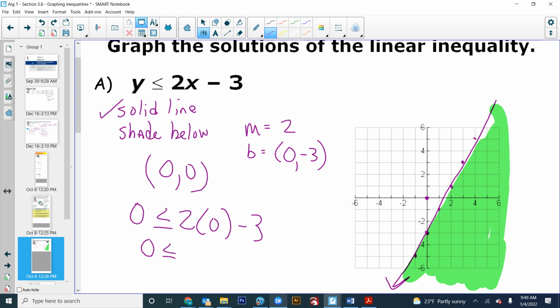What's 2 times 0? 0. What's 0 minus 3? Is 0 less than or equal to negative 3? No, 0 is greater than any negative number. So this is false, and it should not be in our shaded area. It's not. Any point over here in the shaded area, I could pick, and it would be true in that inequality.